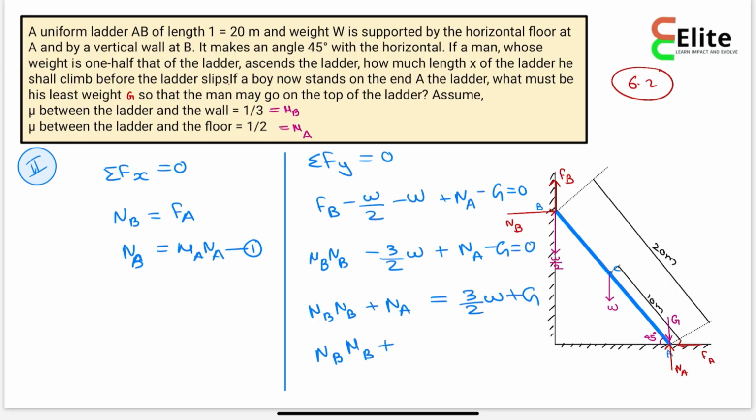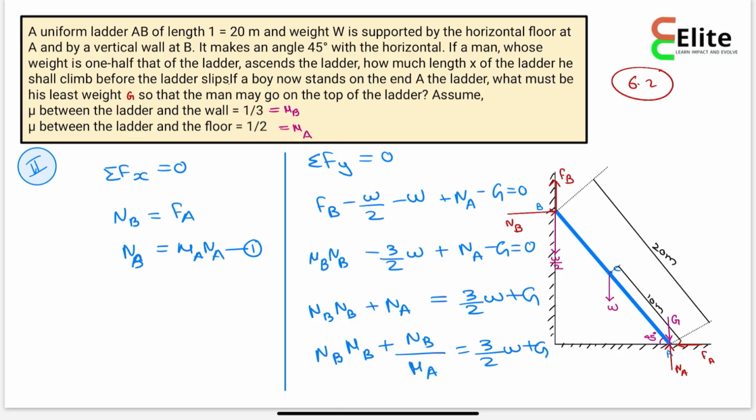Nb mu b plus Na, and we can get Na from here. Na is equal to Nb by mu a, so I can write it here. So Nb mu b plus Nb by mu a is equal to 3 by 2 W plus G. Mu b is 1 by 3 and mu a is 1 by 2.